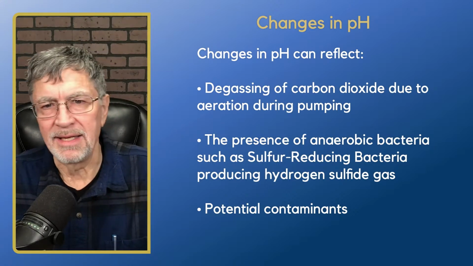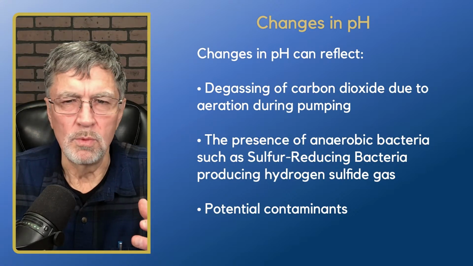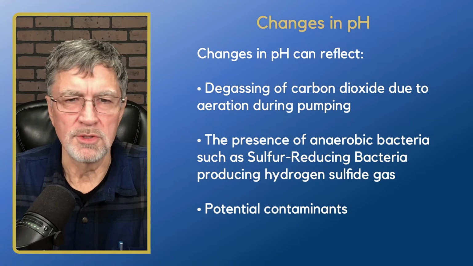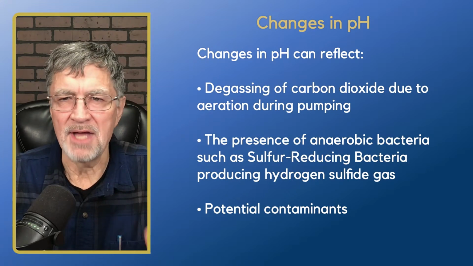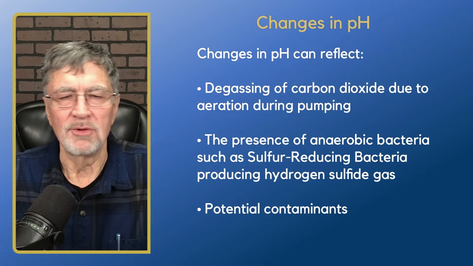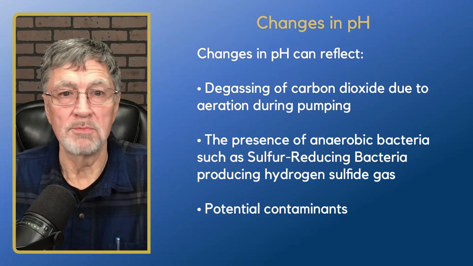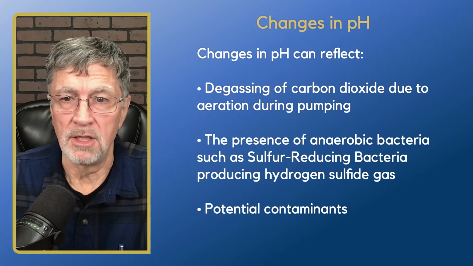You quit pumping, and the pH will go back towards neutral or wherever it was. But the degassing of carbon dioxide is going to produce more acidic water in your well.